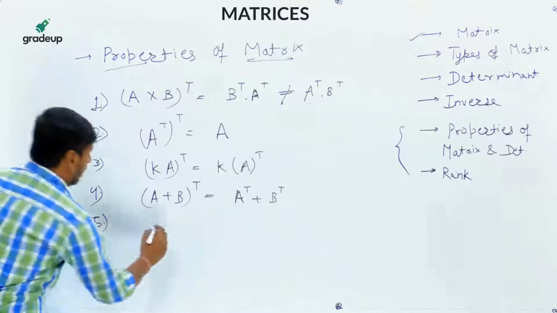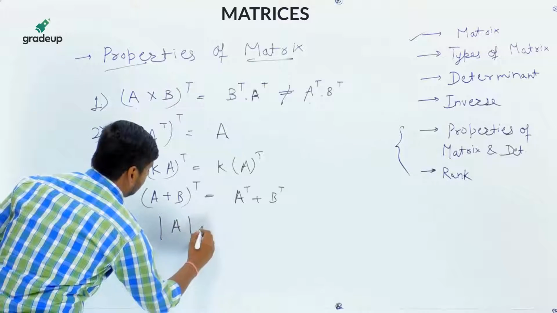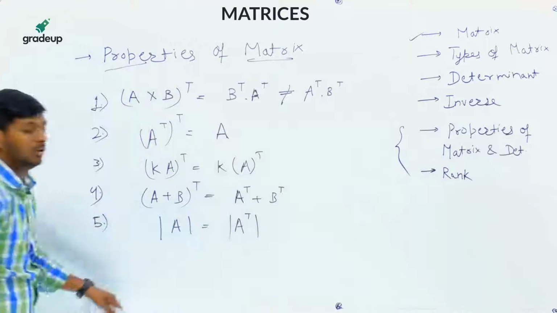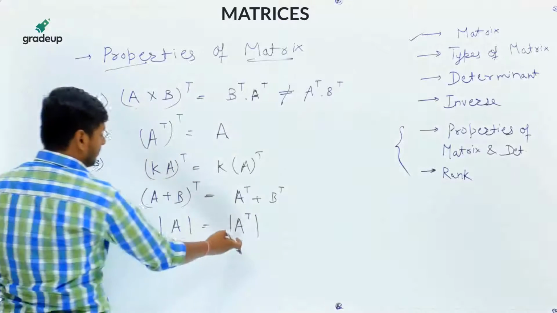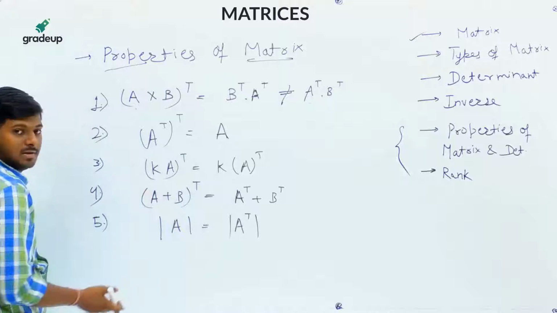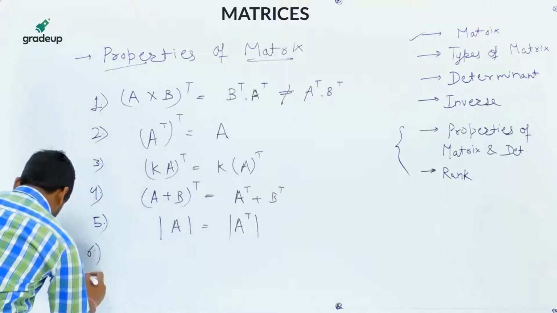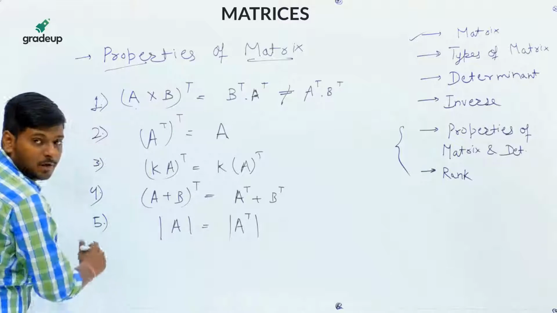Fifth, the determinant of A is equal to the determinant of its transpose. So the transpose matrix has the same determinant as the simple matrix A.